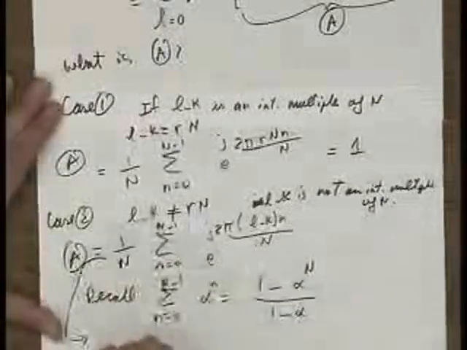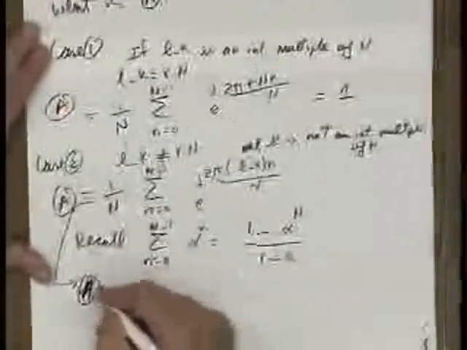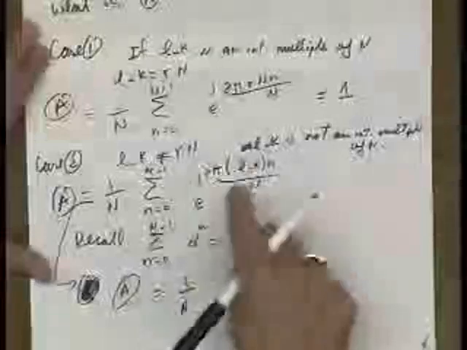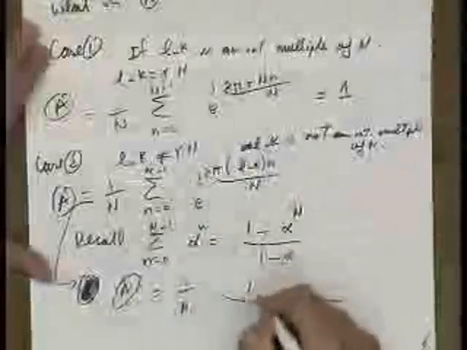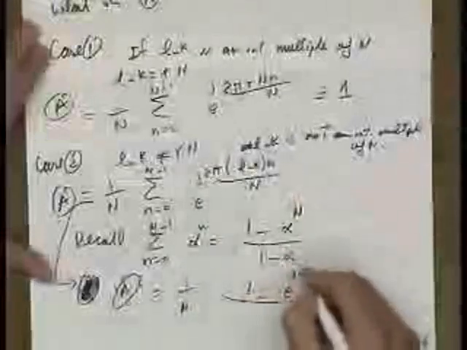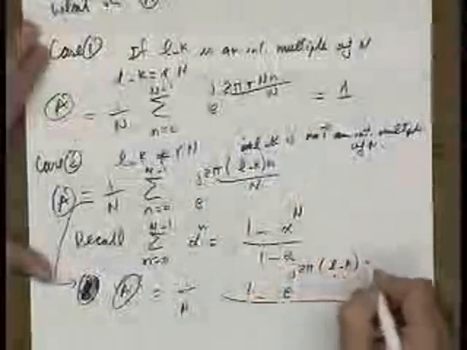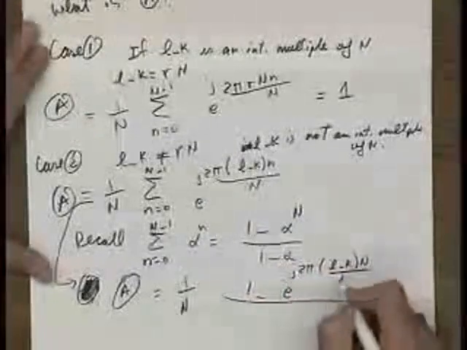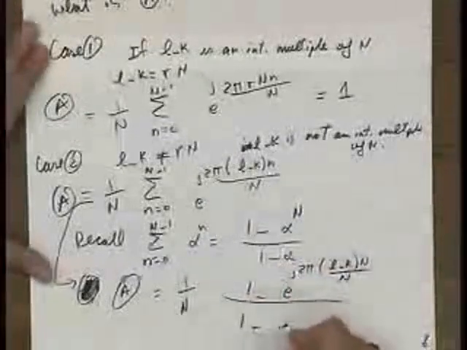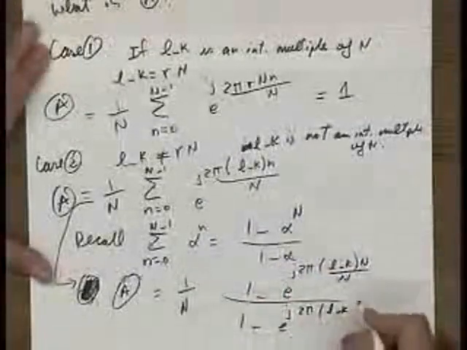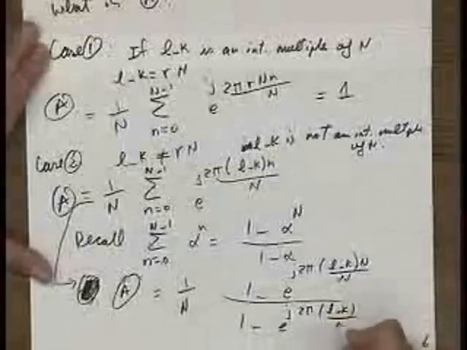So if I plug that in, A is equal to 1 over N, replacing alpha with that exponential: 1 minus e to the j 2 pi (L minus k) N over N, over 1 minus e to the j 2 pi (L minus k) over N.